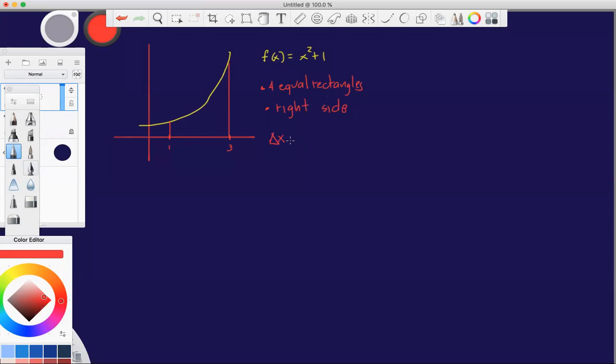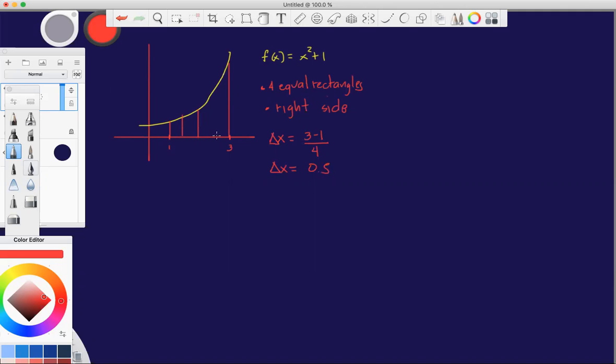Delta x would still be the same. That would be 3 minus 1 divided by 4. Delta x would still be equal to 0.5. And then let us now just try to divide our rectangles into 4 equal sides.